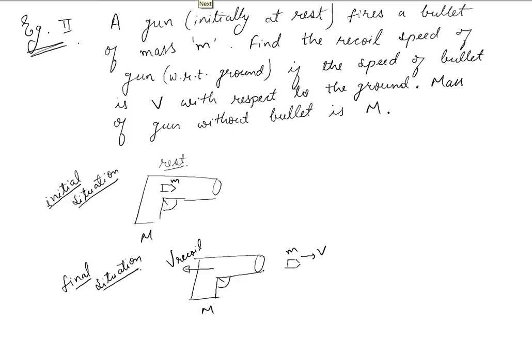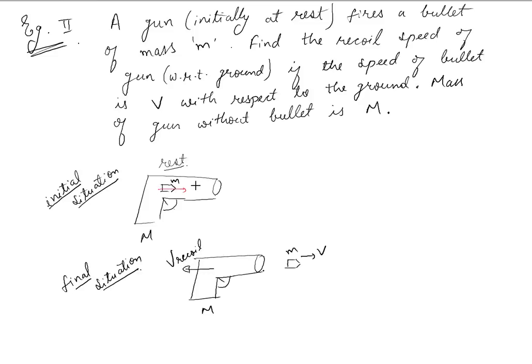In the next example, a gun is initially at rest and it fires a bullet of mass m whose speed is v with respect to ground, and the gun recoils with some speed, and we have to find the magnitude of the recoil velocity of the gun.